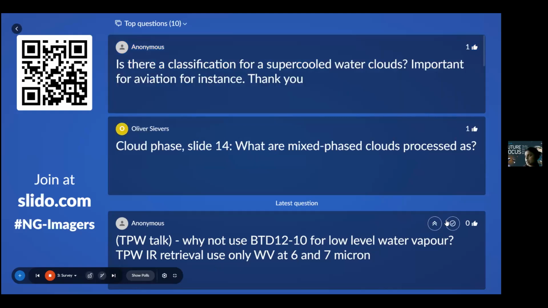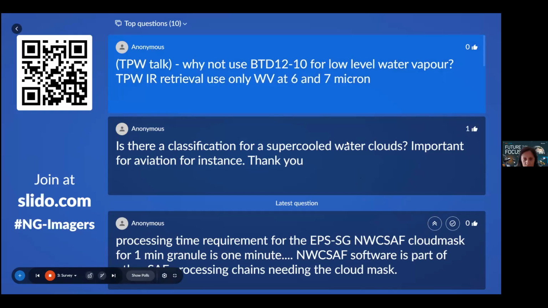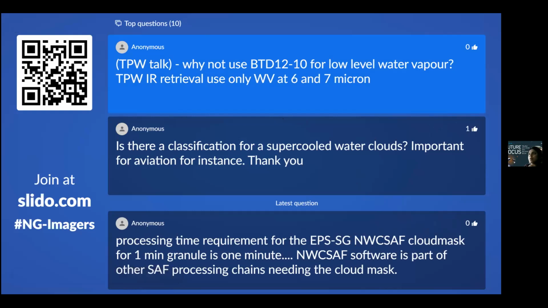Why not use the temperature difference 12-10 for low level water vapor? Didn't the retrieval use it? No, maybe I was not clear enough.